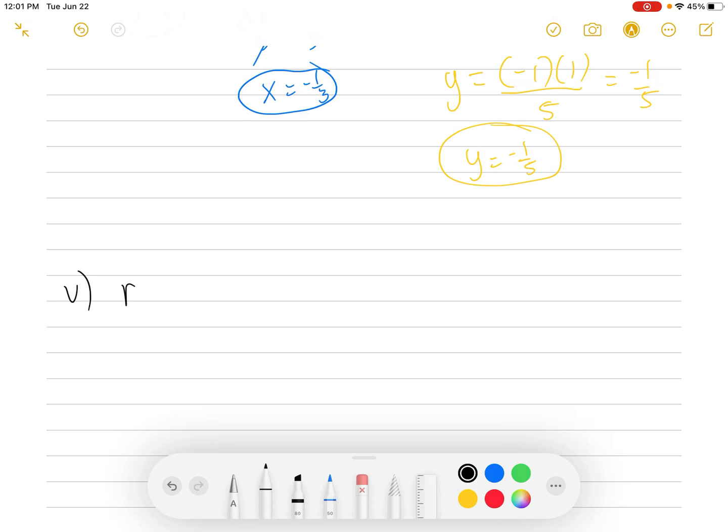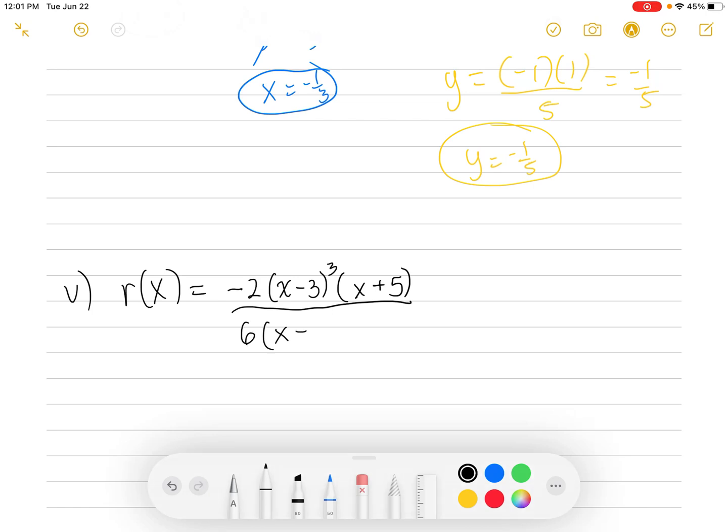Okay, I'll do one last example here of analyzing one of these rational functions, the number 5. Here we're going to have negative 2, x minus 3 to the 3rd power, x plus 5.